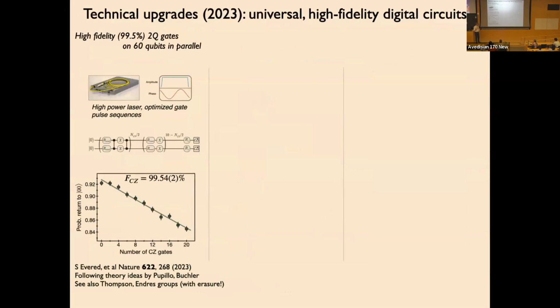Here are some of the things we had to do to really start exploring error correction and logical qubits. First off, we need high fidelity gates. I already mentioned that for the surface code, the threshold is around 1%, so ideally, you would like to work way below the threshold.